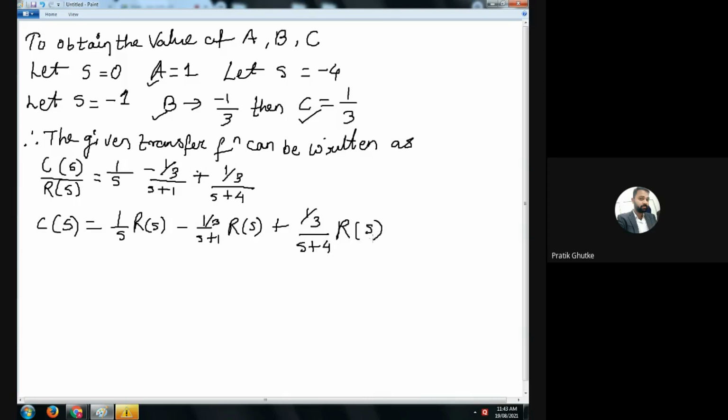Have you understood? R of s I am multiplying to both right hand sides. C of s I have put on one side and then multiplied with r of s. So let C of s equal to, this assumption you have to make.